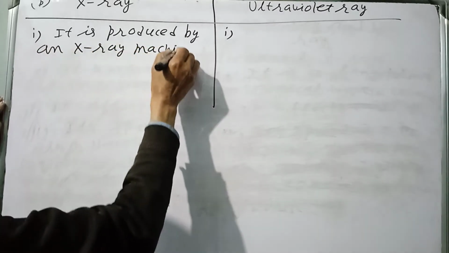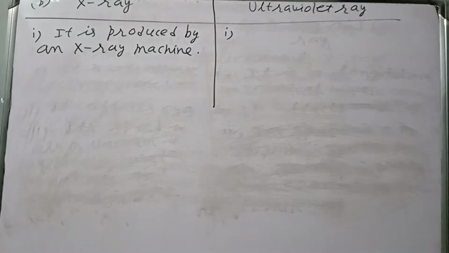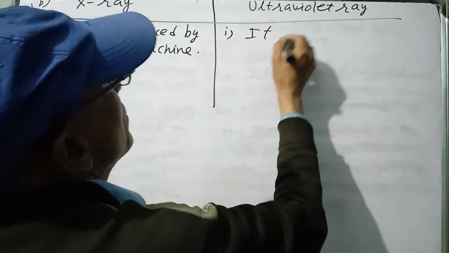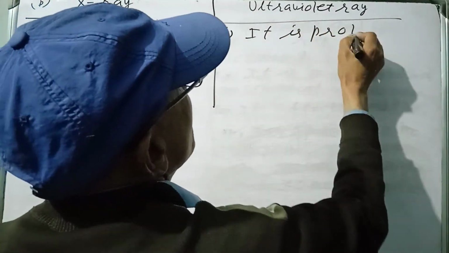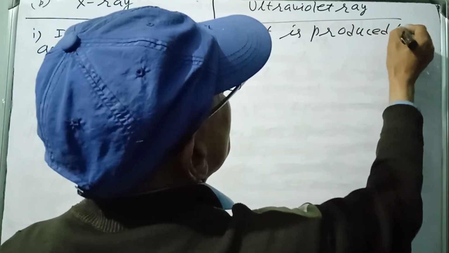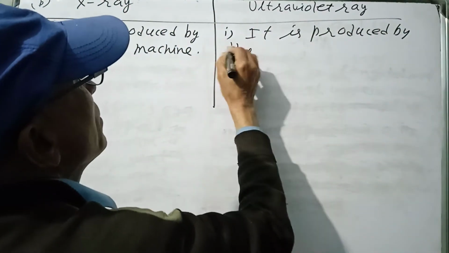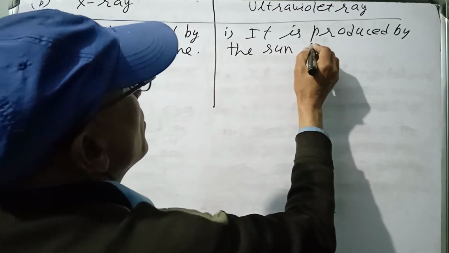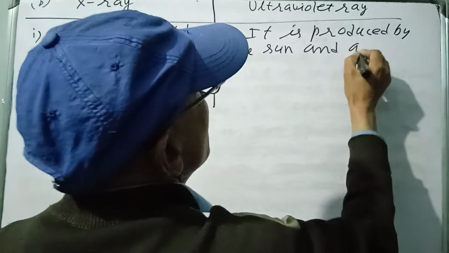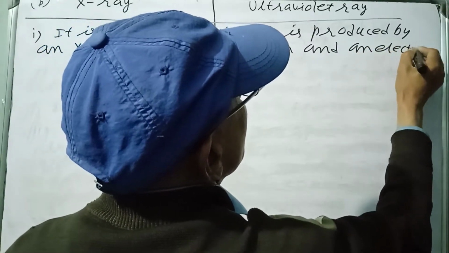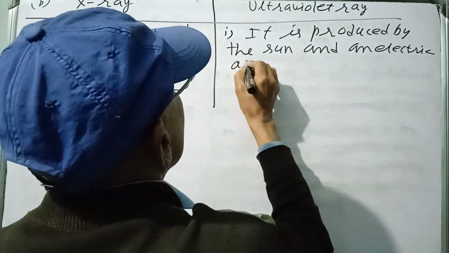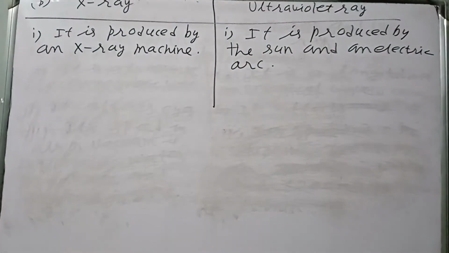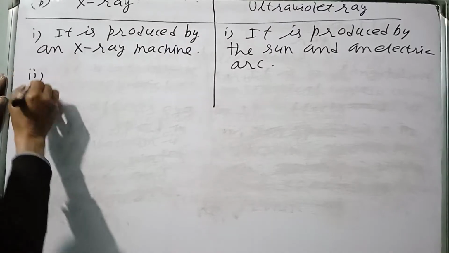Ultraviolet ray is produced by the sun and an electric arc, just like a tube light.